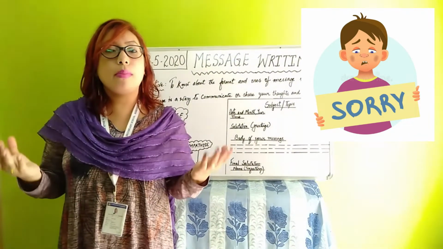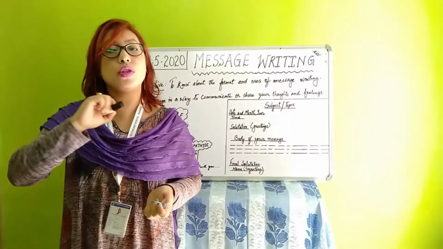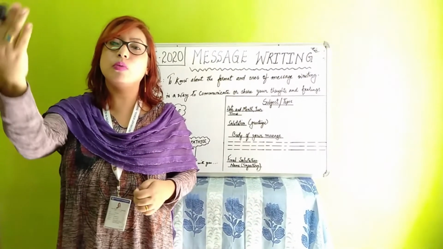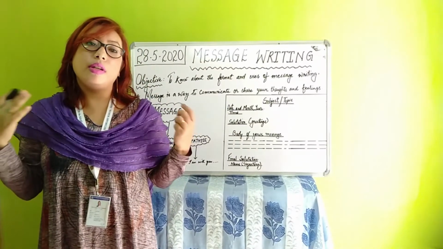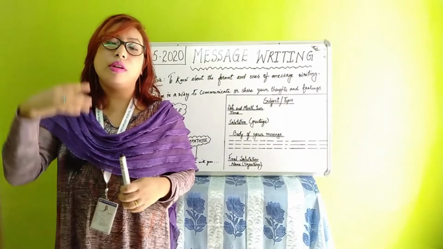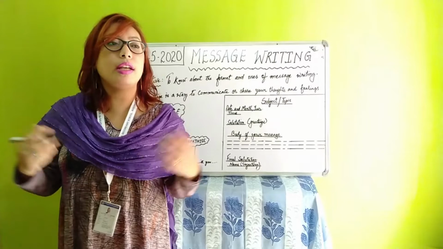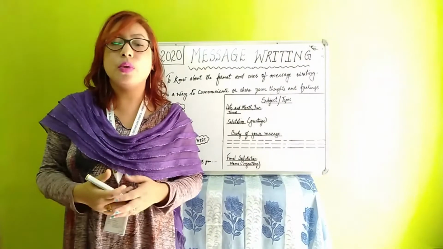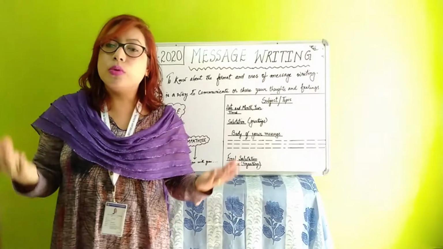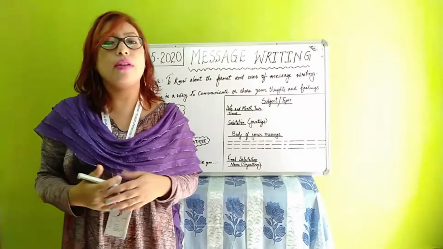So when we want to apologize, we can write a short message to the person. While apologizing, we can use words like, I'm sorry, I shouldn't have hurt you. I'm sorry, I was being rude to you. So we can use those kinds of words.